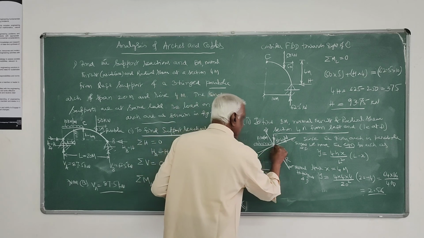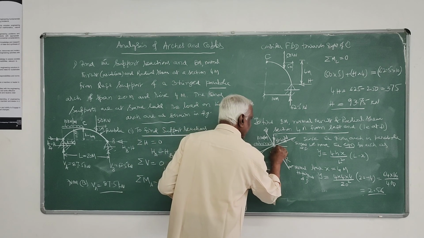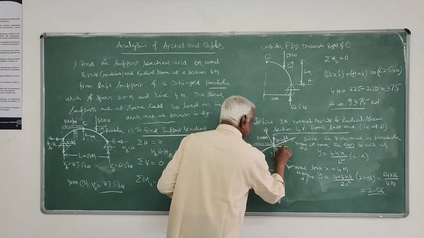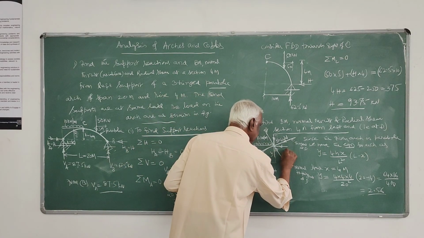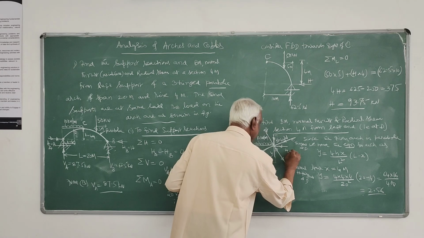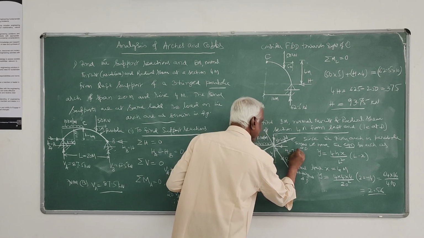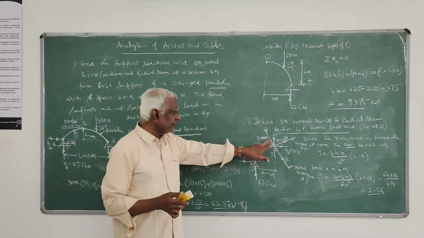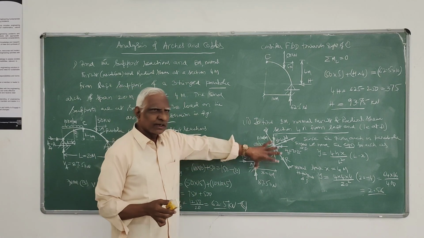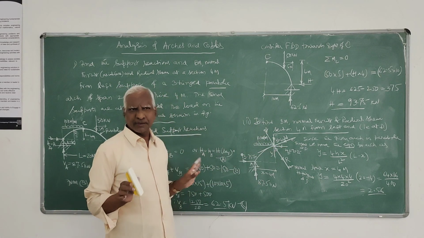This is 93.75, so here this has to be the opposite, 93.75. So this is HD, that is 93.75.